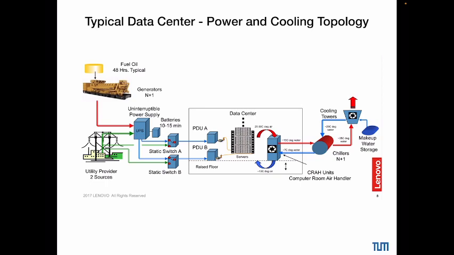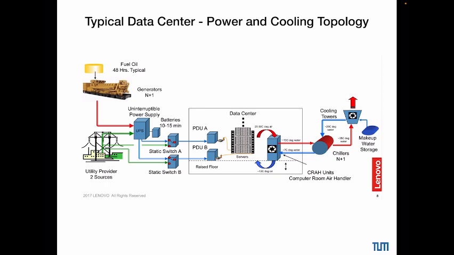These batteries are used at the very beginning of the power outage to provide power to the machines. And while this is happening, there is a diesel engine, like a big ship engine, connected to a power generator, which would produce power afterwards.